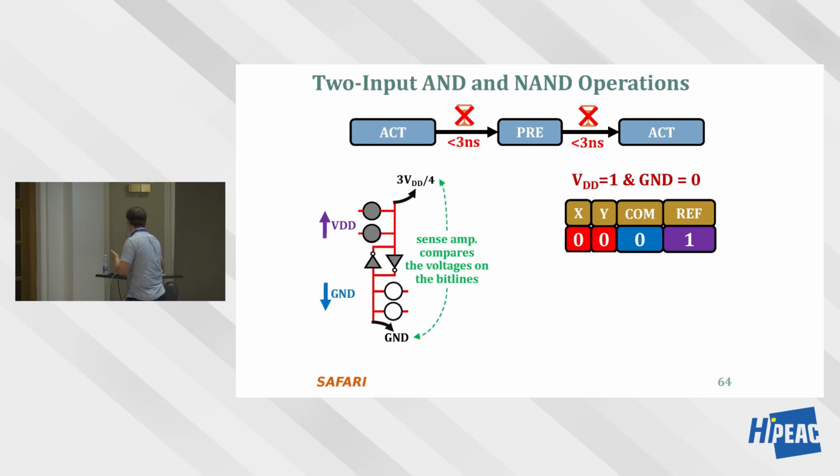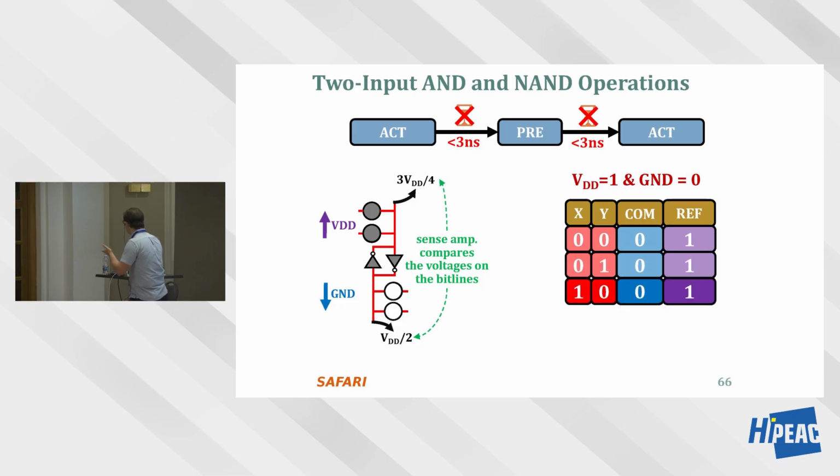1. Okay, so this is true if X and Y are 0 and 1, because over here you get VDD over 2 averaged, and it's still lower than 3 VDD over 4, so we'll get 0 and 1 over here. This is true for 1 and 0 also, because it's just the same thing, symmetric. Now the interesting case is 1 and 1.